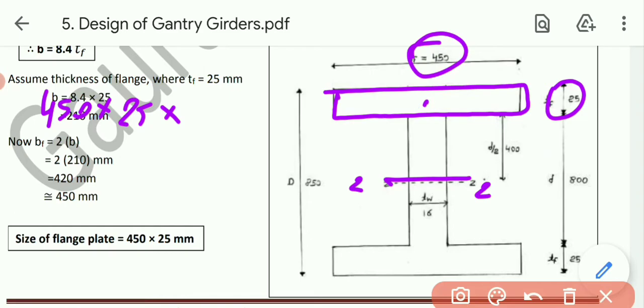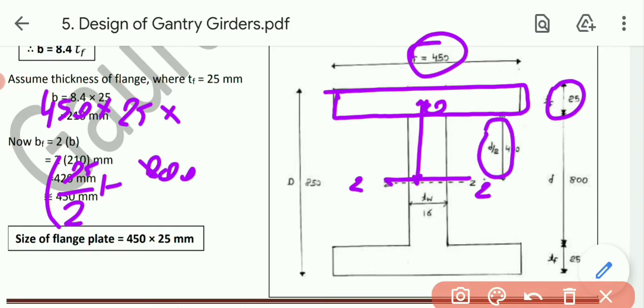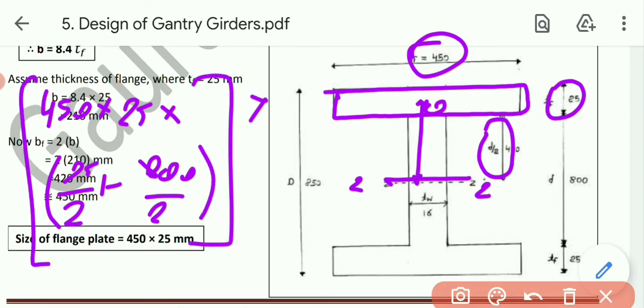And talking about CG, it will be from the center to the ZZ axis. This will be, we can say, tf by 2, so we can say 25 by 2, plus this will be, we can say, D by 2, we have already calculated, that is 800 by 2. Okay, so that's the criteria of flange, whole multiplied by 2, because this flange produces the same plastic section modulus at the center.